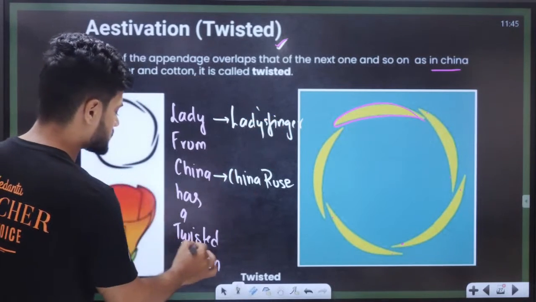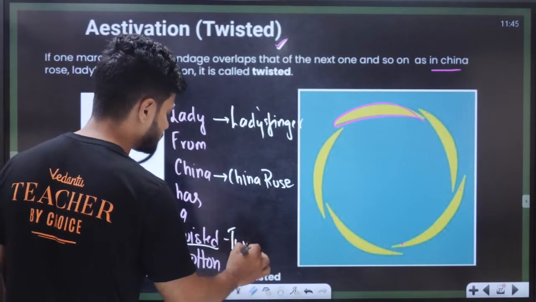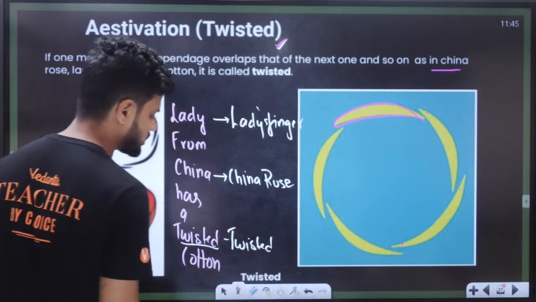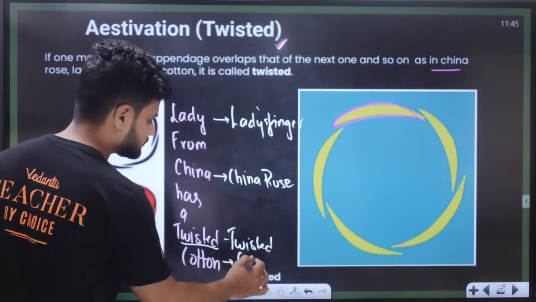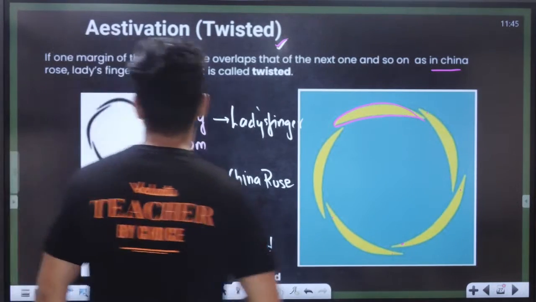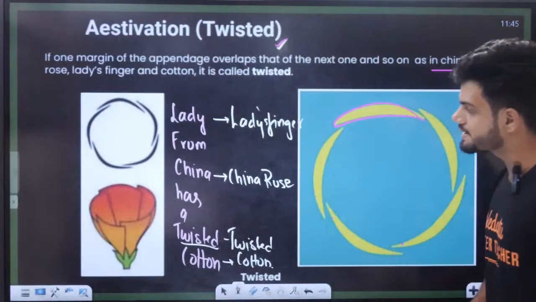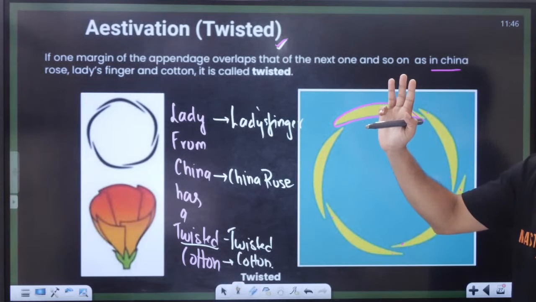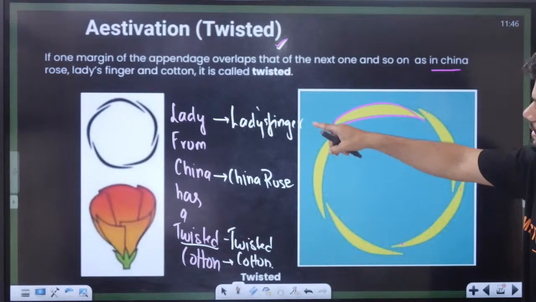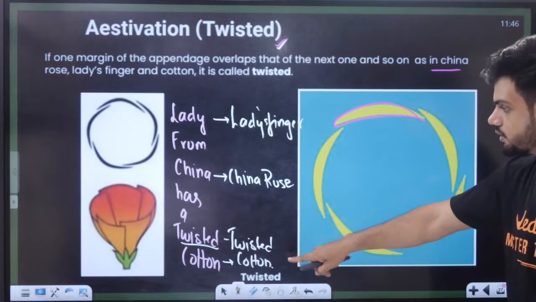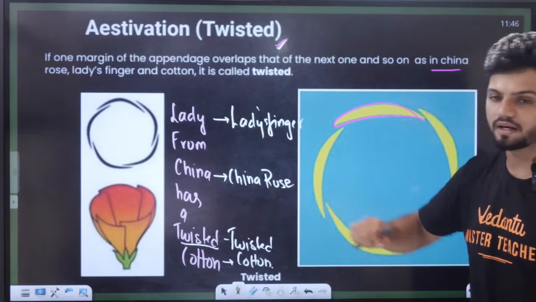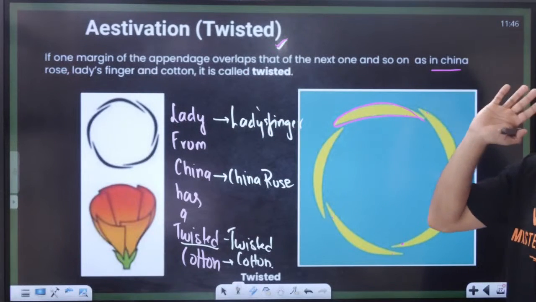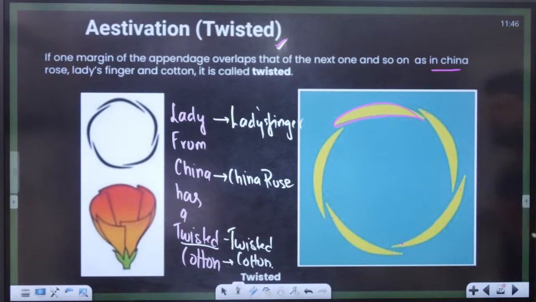And twisted for twisted aestivation. Cotton for cotton. So what are the examples? Lady's finger, China rose, cotton. Three different examples. Lady from China has a twisted cotton. I hope all of you will remember this. That is called twisted aestivation.